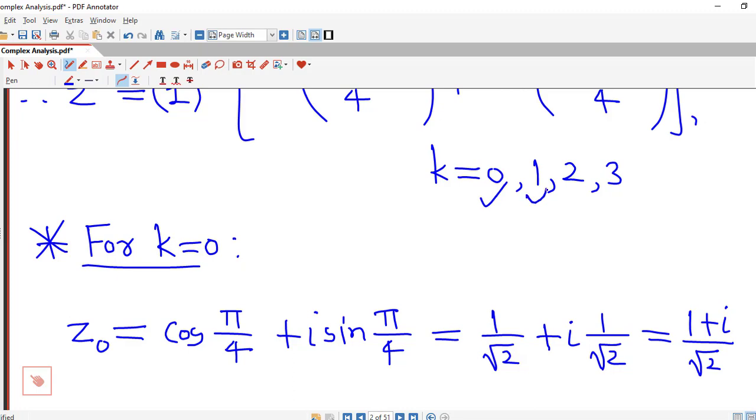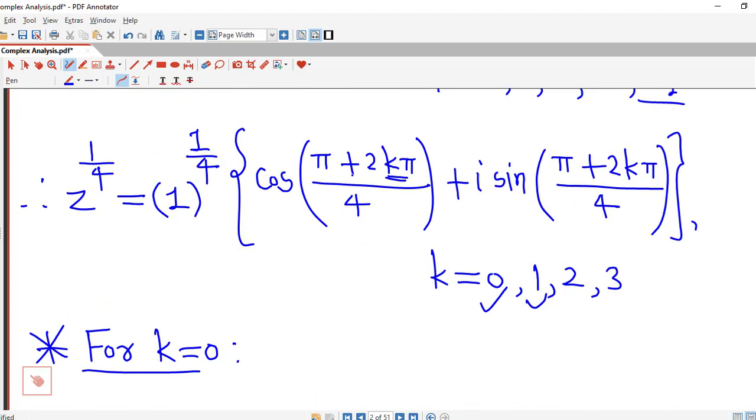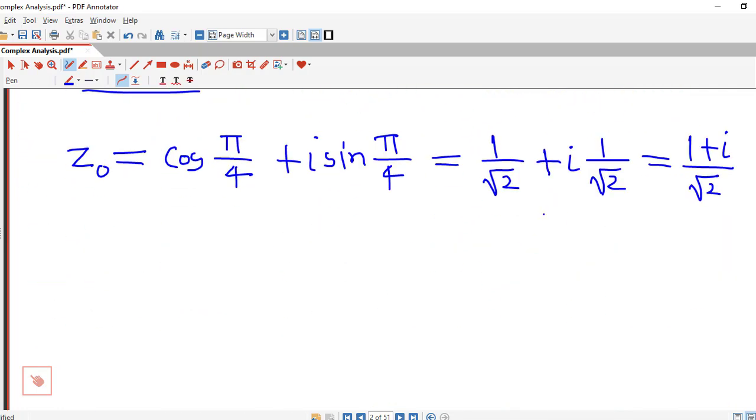Now we take k equal to 1 again in this expression. For k equal to 1, this is going to be 2 pi, and pi plus 2 pi means 3 pi by 4, and here also we have the same angle. So for k equal to 1, we will have cos 3 pi by 4 plus I sin 3 pi by 4.